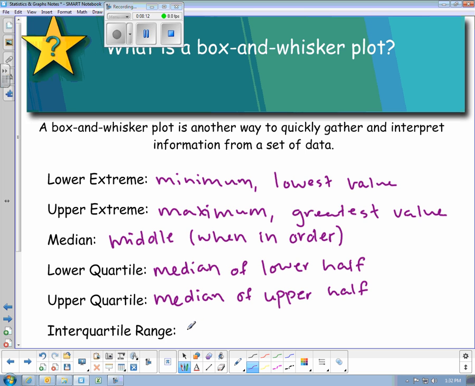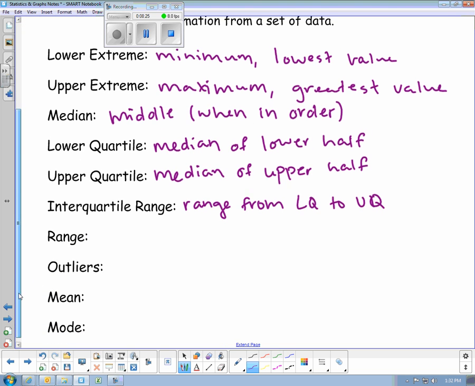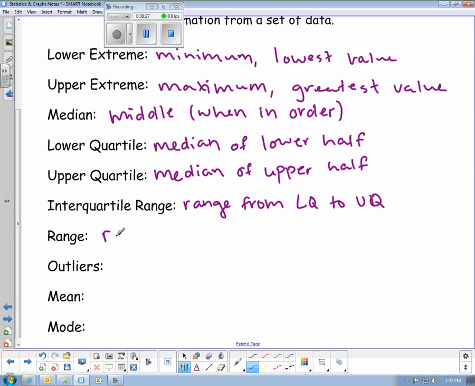The interquartile range is the range from the lower quartile to the upper quartile. And the overall range is the range or difference from the lower extreme to the upper extreme.